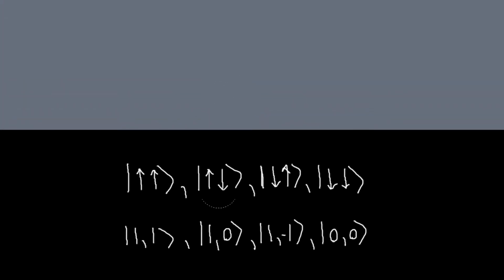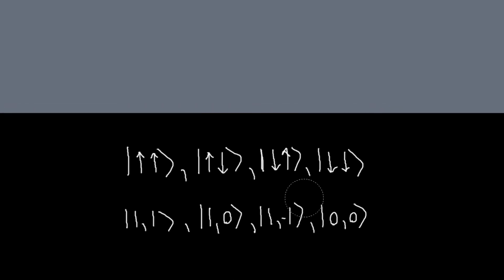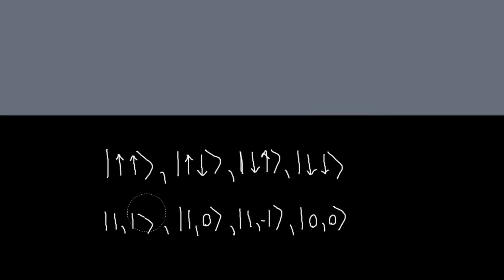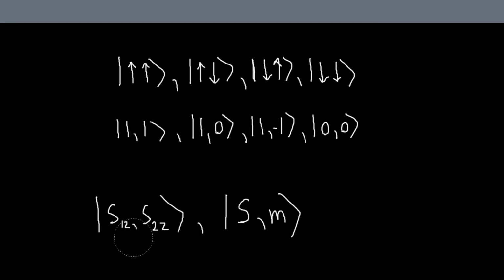So all this is saying mathematically is that we have 2 different sets of basis vectors: one corresponding to the measurements of the individual z components of the spin of our particles, and one corresponding to the measurement of the total angular momentum and total z component of the angular momentum of our system. It's traditional to label them like this.